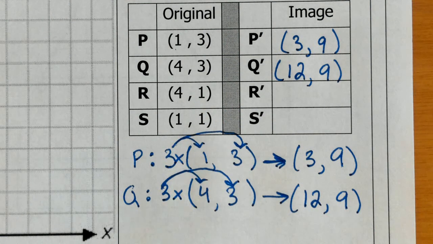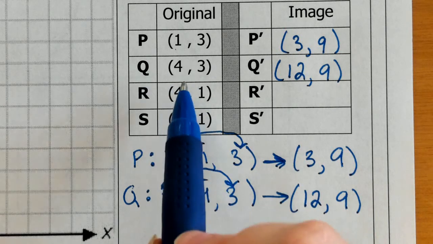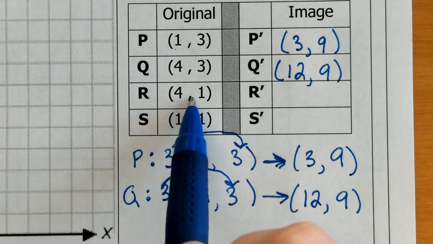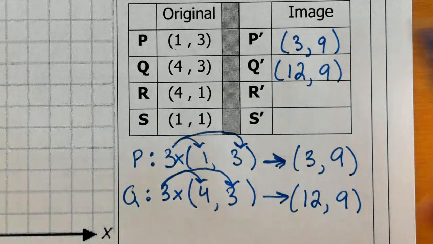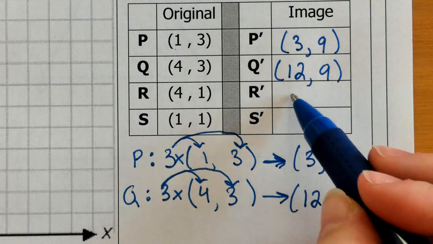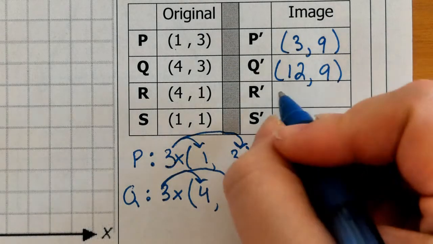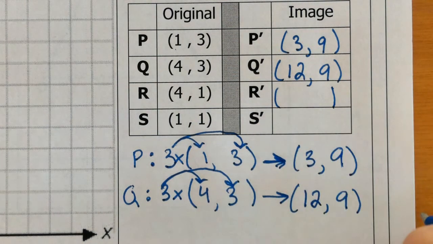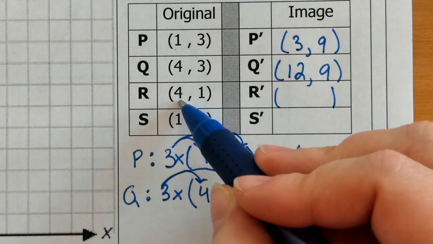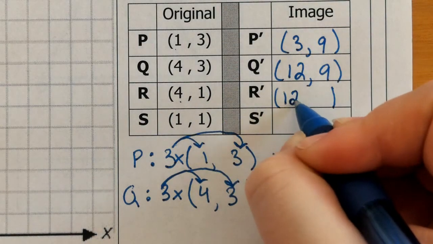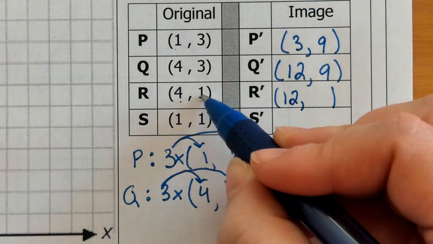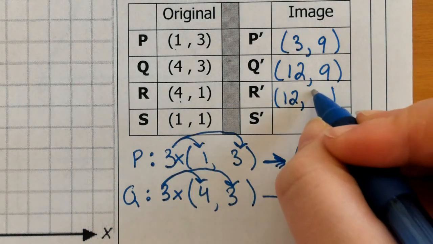So let's try R, and let's see if you can do it maybe without all of this writing. If R starts at 4, 1, and we're using a scale factor of 3, what is R prime going to end up being? Well, 4 times 3 is 12. 1 times 3 is 3.